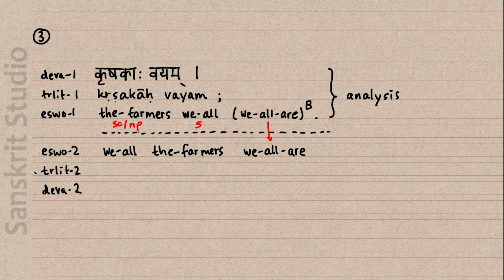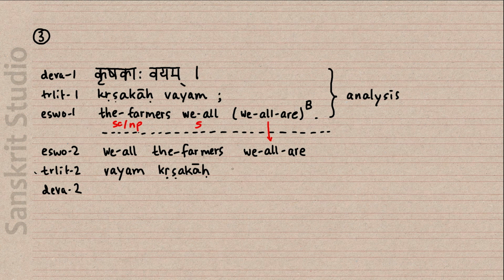And the transliteration then is that we have the pronoun vayam, we have the plowers, the field workers, the farmers, Krishakah. Okay, and then we all are.